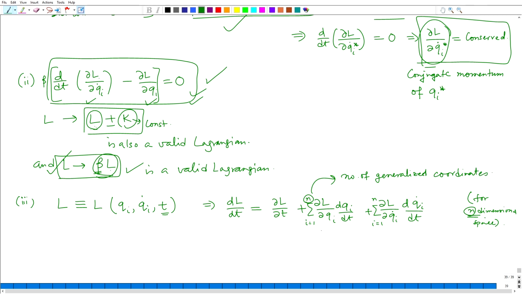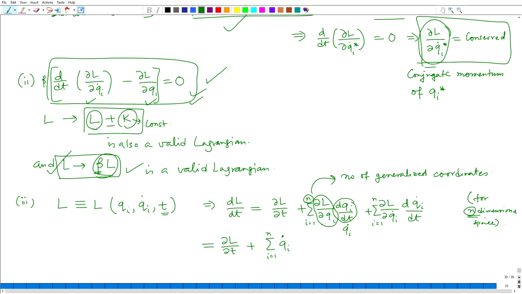If this is true, then I can write this as del L del t plus the summation over i from 1 to n. I can simply say this thing is qi dot by definition. So, I will say that this is qi dot, and what is this?